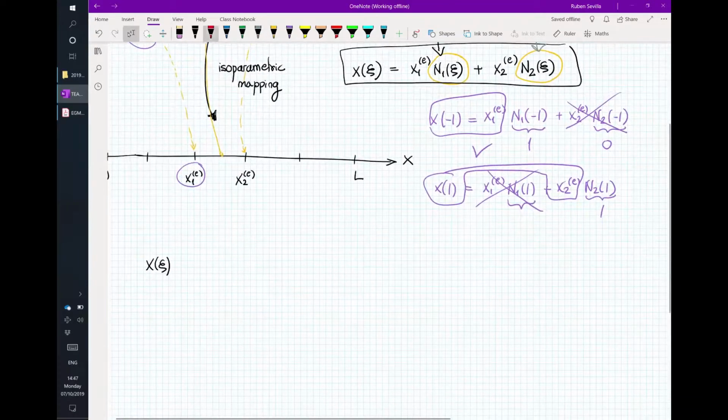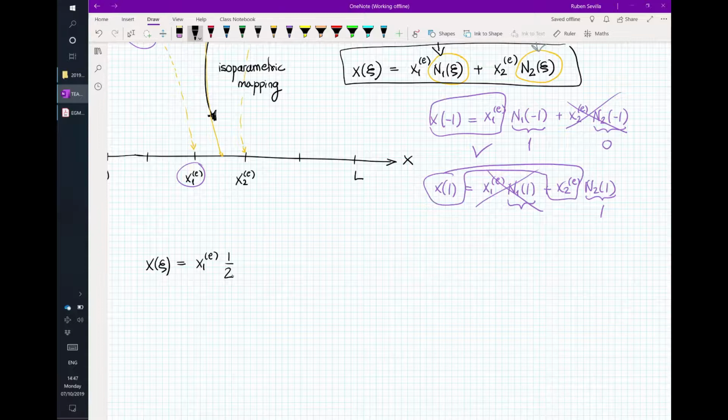If I do that, what I'm going to get is a lot of manipulation, but don't get lost with the manipulations, please. Just keep in your head the idea of what we are doing. So far, I only introduced one concept, which is a referential space from minus 1 to 1, the shape functions there, and a change of variables. Think on that. All this algebra and all these formulas cannot distract you from where we are going.